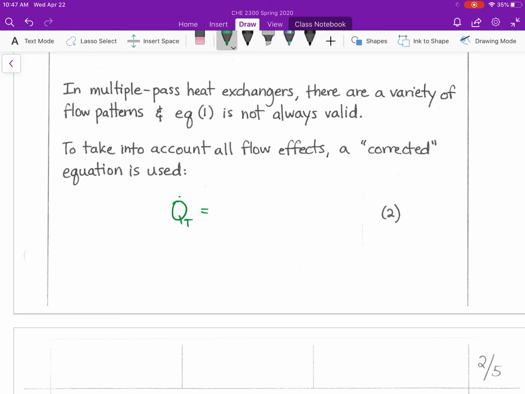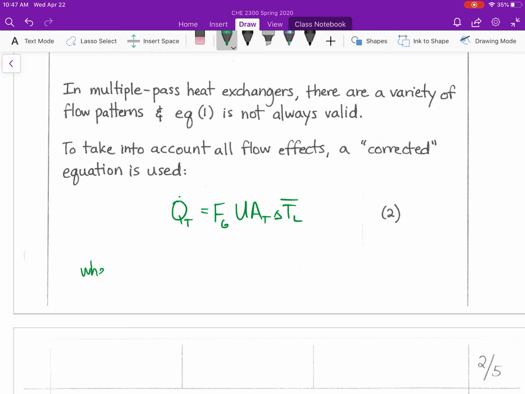So we have our heat transfer rate is equal to U A sub t delta T log mean, and the only thing we're going to do here is introduce a correction factor, F sub g.